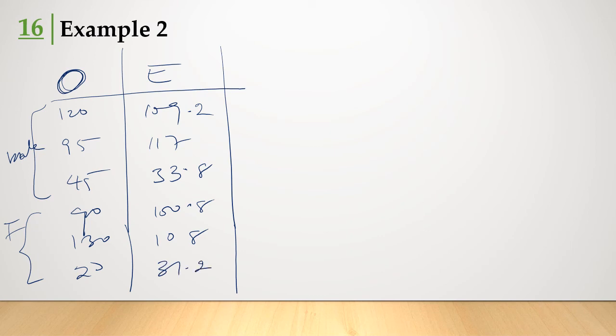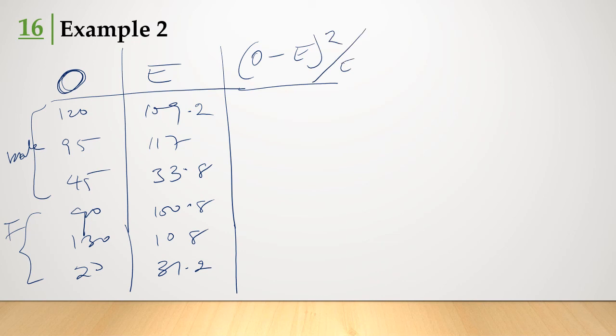Now the good thing is that if we add the row totals and the column totals of only the expected values, we should have the same totals as the observed values. If you don't get the same totals, then you know you have made a little mistake somewhere.